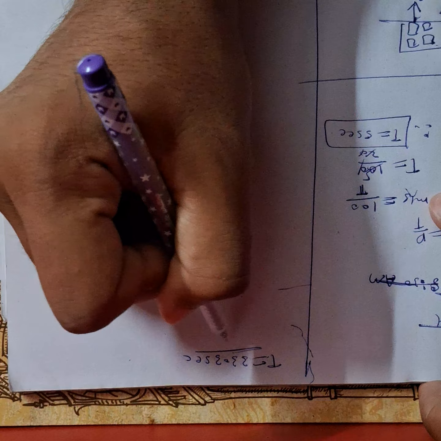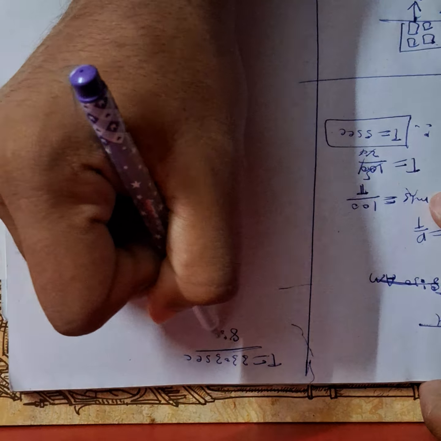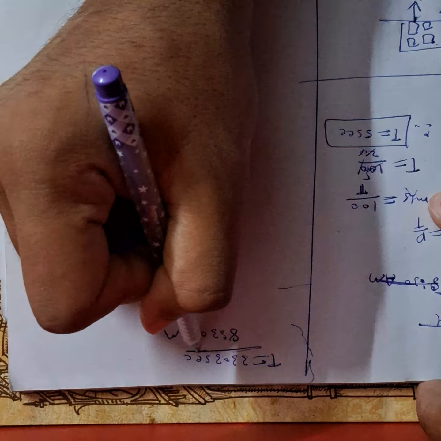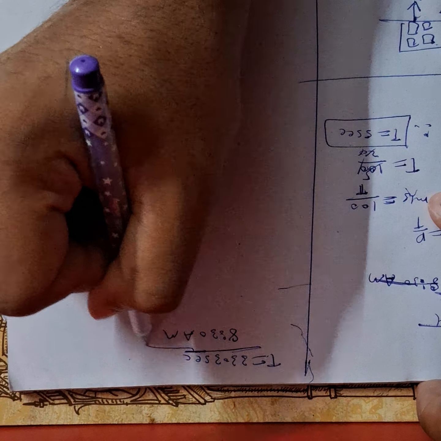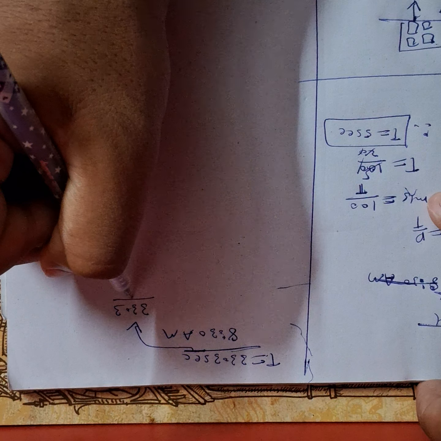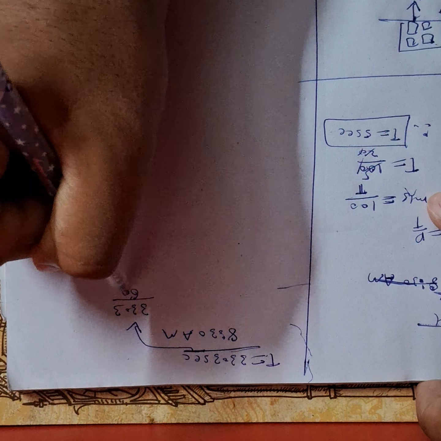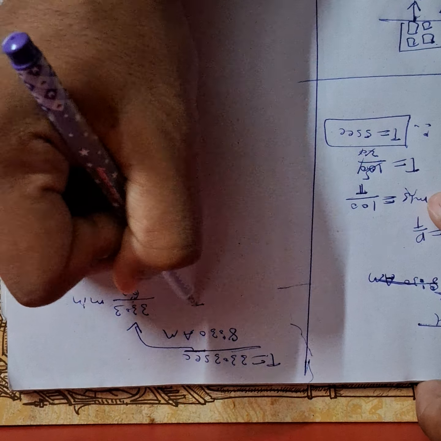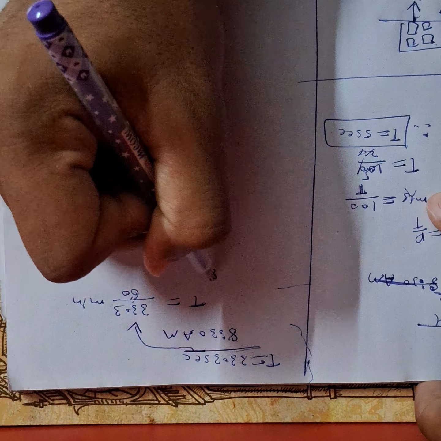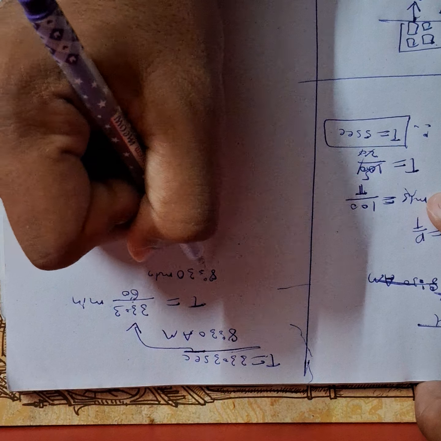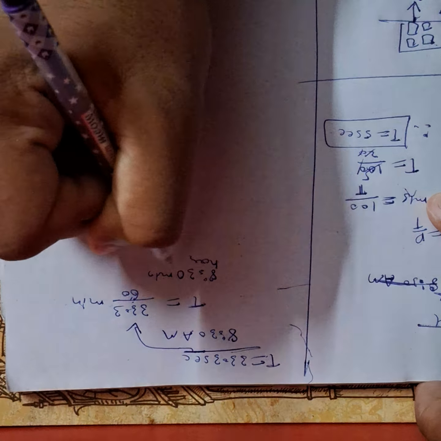So this time has to be removed from 8:30 a.m. But first we have to convert this into minutes. We divide 33.3 seconds by 60 and we get this time in minutes. 8:30 means 8 hours 30 minutes.